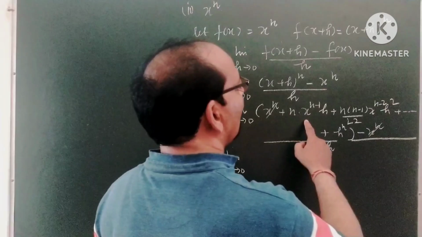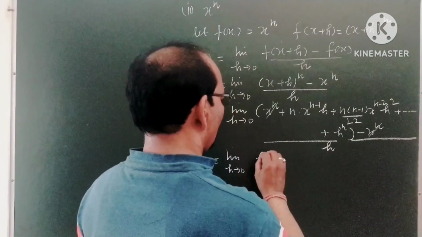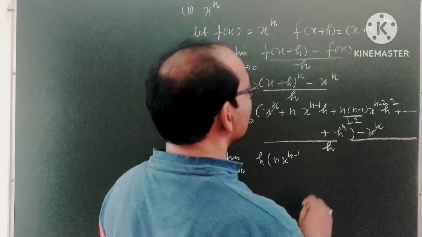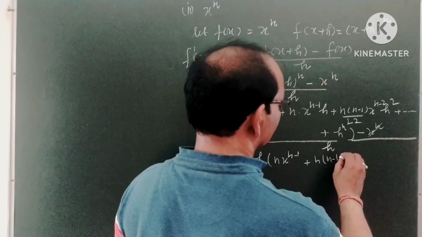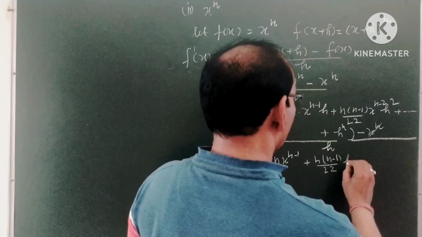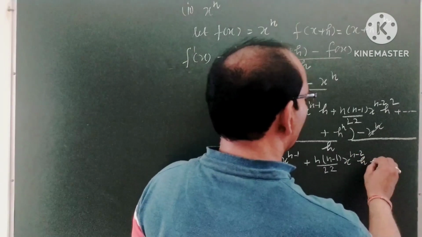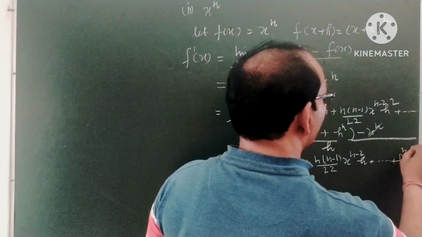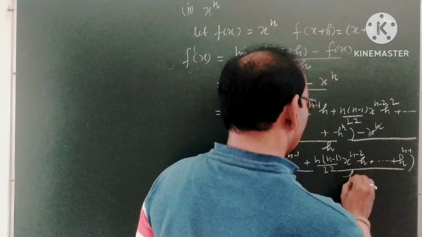Take h common from all the terms: h times n x raised to n minus 1 plus n into n minus 1 by factorial 2 x raised to n minus 2 h, and so on, plus h raised to n minus 1, by h.